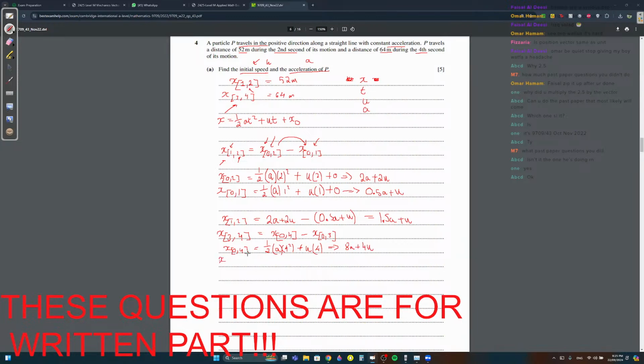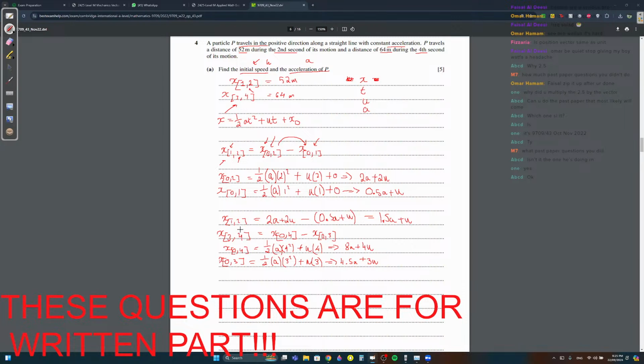How about in the first 3 seconds? In the first 3 seconds, again, half acceleration times the time squared, 3 squared, plus u times the time, which is 3. You're going to get 9 divided by 2 is 4.5a plus 3u.